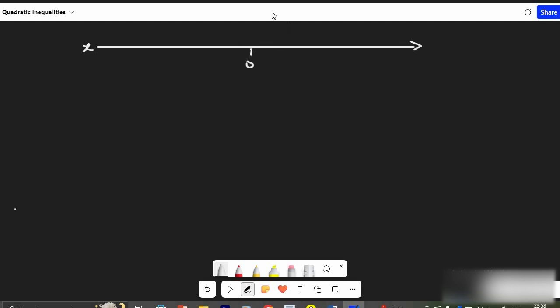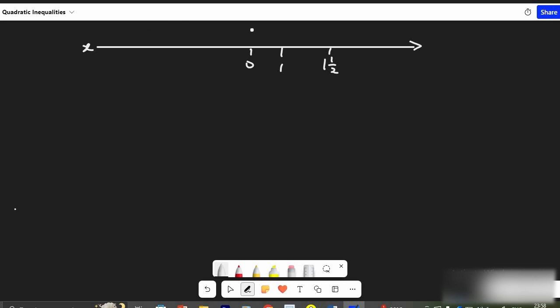So this is x, have 0 here, and we know that in this case both roots of the equation are positive, so they're all going to be on this side of the number line. That is 1 and 1.5, which is also 3 over 2.